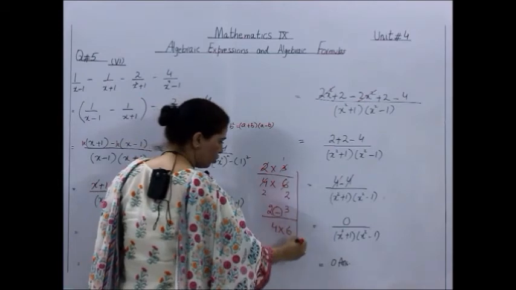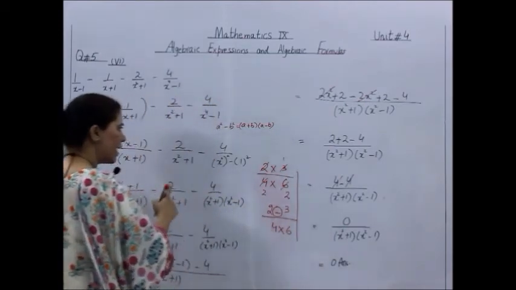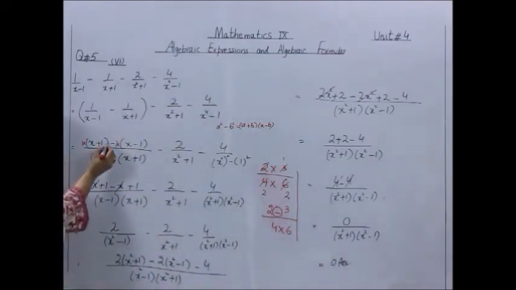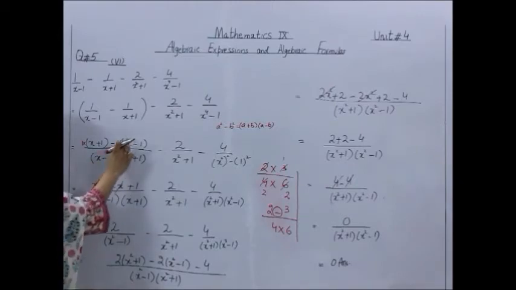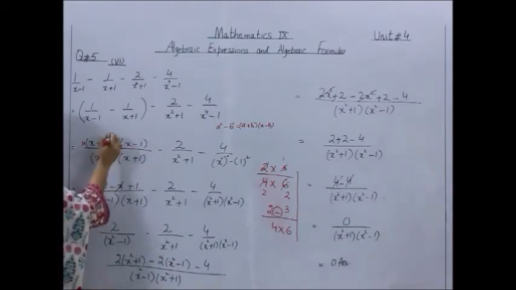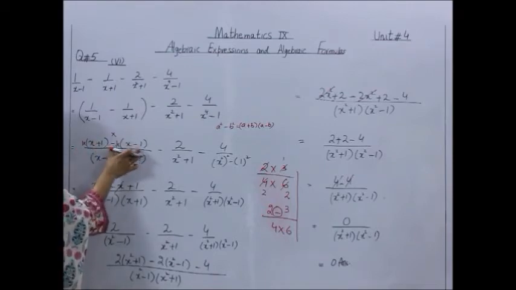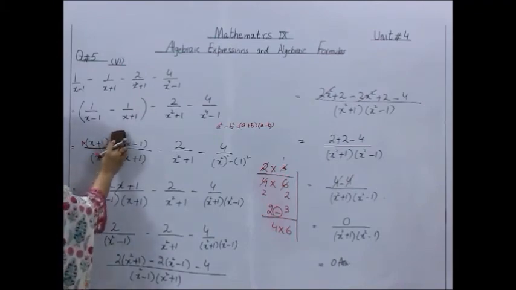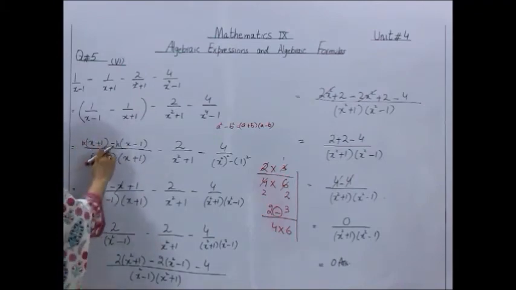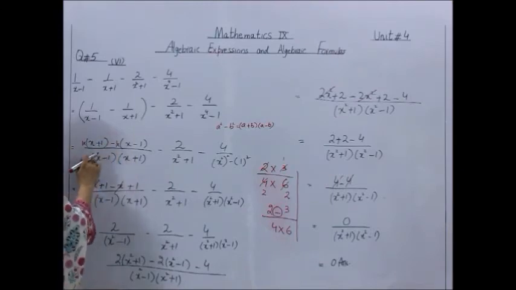This is your concept of class 7th and 8th. Same we will apply over here. There is a minus sign over here, so we cannot cancel this x plus 1 with this x plus 1 and this x minus 1 with this x minus 1. If you have a multiply sign, where both factors are multiplied, then you can cancel easily. Otherwise you cannot cancel them. Because which sign is this? Minus. If minus or plus is there, you cannot cancel them.